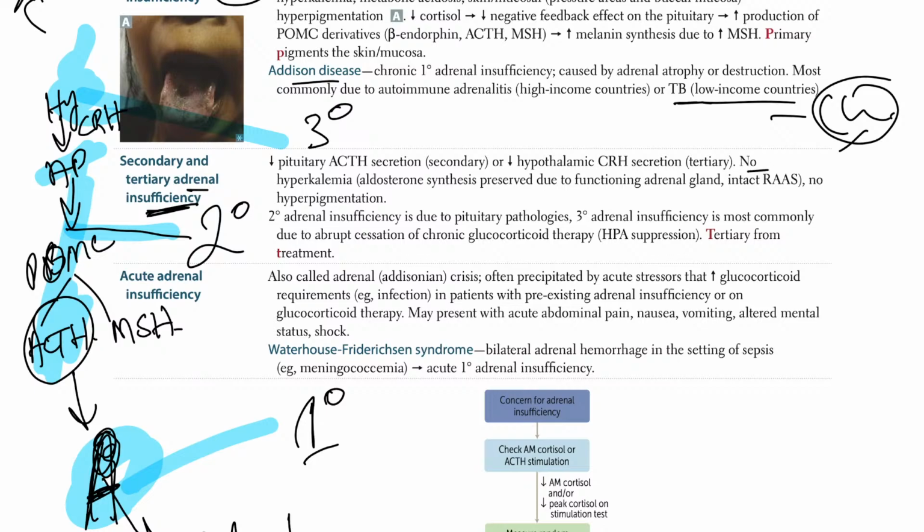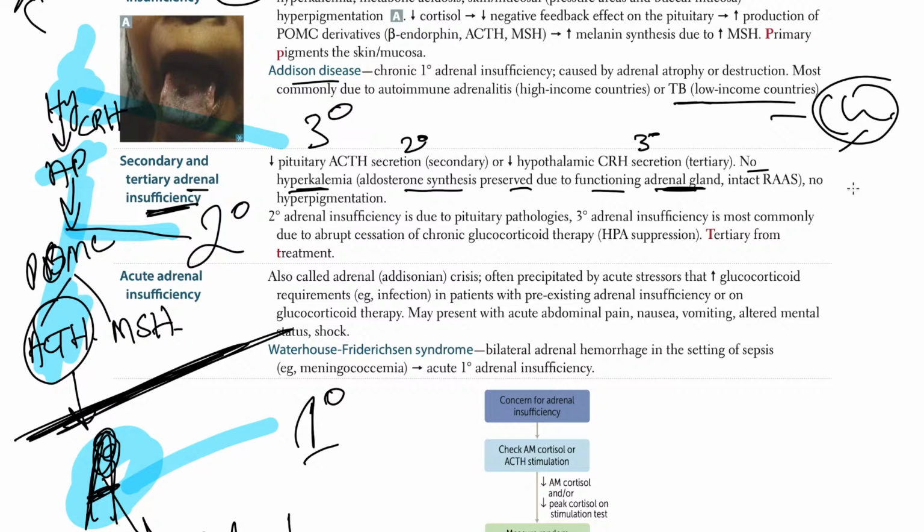Then you have no hyperkalemia. We will not see hyperkalemia. Why? Because aldosterone synthesis is preserved due to a functioning adrenal gland. So in the secondary and tertiary, where's the problem? The problem is here, and we're not getting ACTH, right? But the adrenals are all normal.